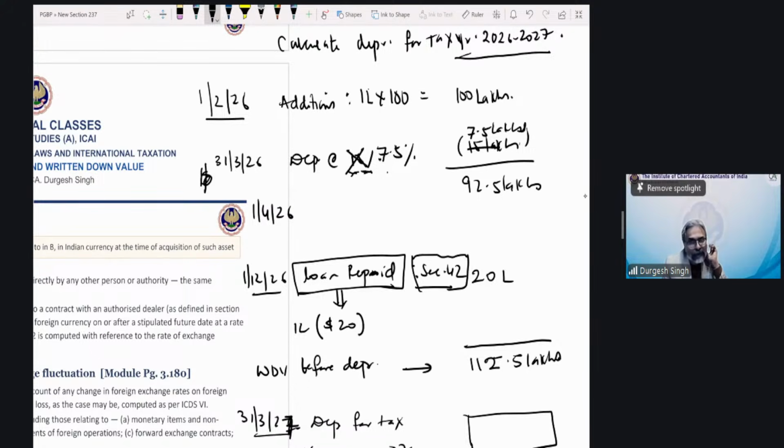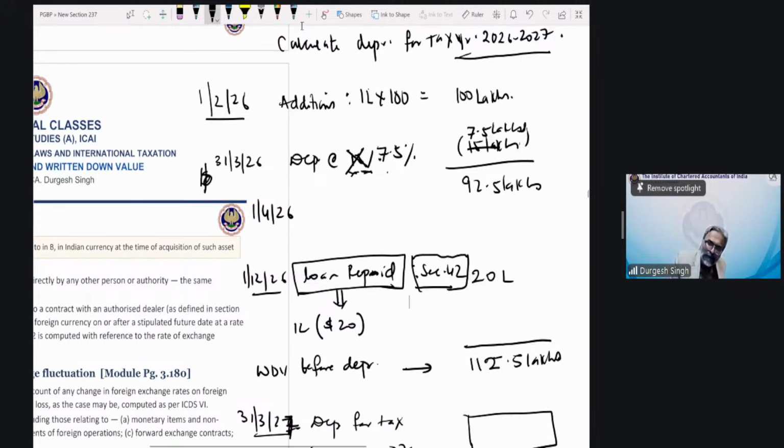Tell me one thing, when you are doing this capitalization of 1st of December 2026, are these two conditions satisfied, which makes you take only half of the normal rate? Those two conditions are not satisfied, and because they are not satisfied, you will go with the normal rate of depreciation, students.